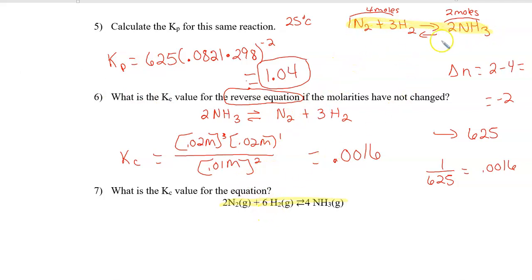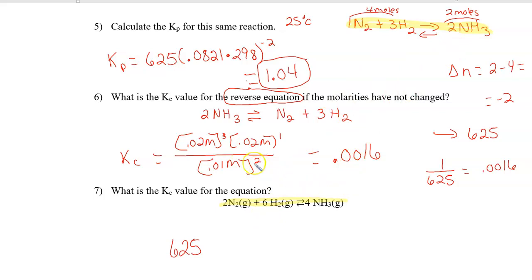And that's the original equation. I know that the original equation was 625, correct? Not this one, because that was the flipped around one. So this one is 600. This one was 625. So can you see what has been different between that equation and that? That N2 has just a 1. This has a 2. That has a 3, and that's a 6, and so it's been doubled, right?